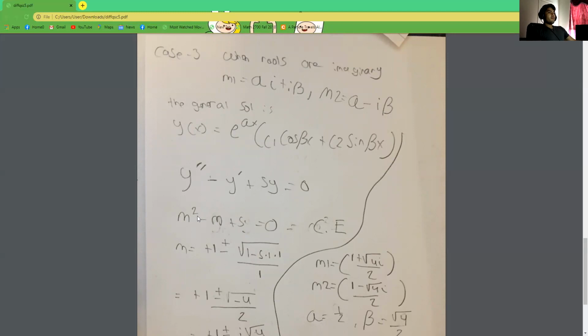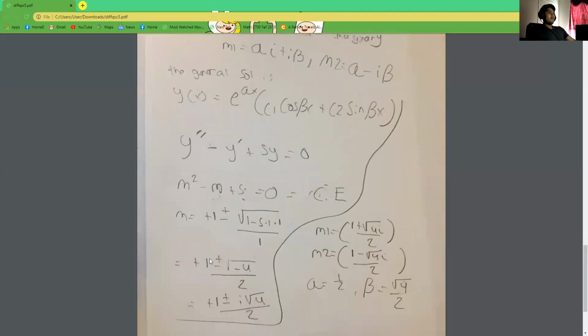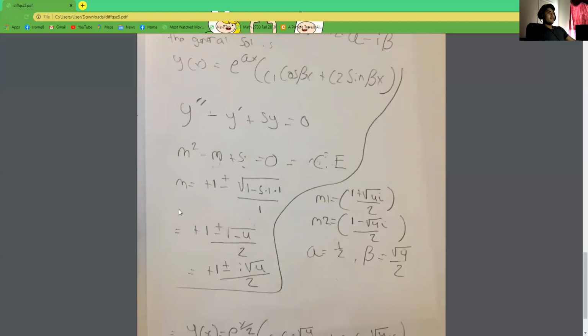Here's our characteristic: m squared minus m plus 5 equals 0. We're going to plug that into the quadratic because it doesn't factor that easily. m equals 1 plus or minus the square root of 1 minus 5 times 1, divided by 2. And then that equals 1 plus or minus the square root of -4, divided by 2.